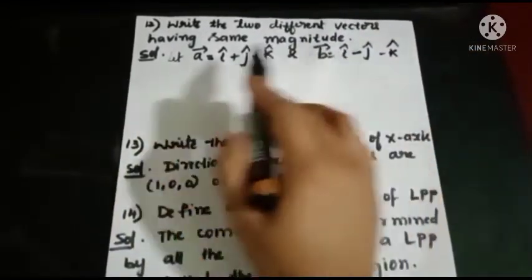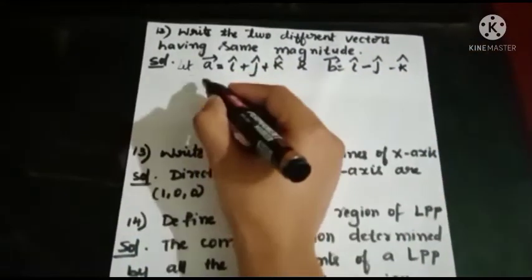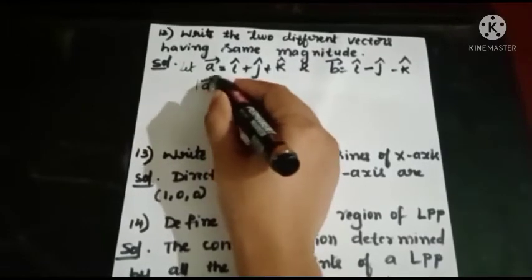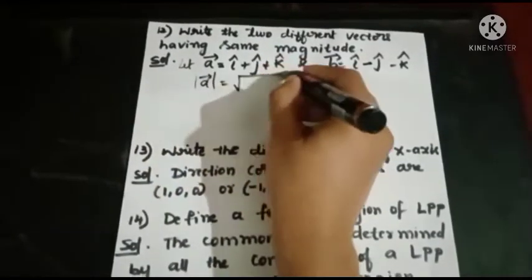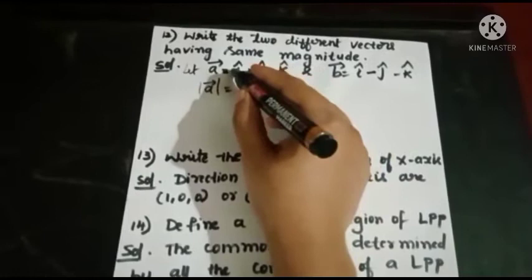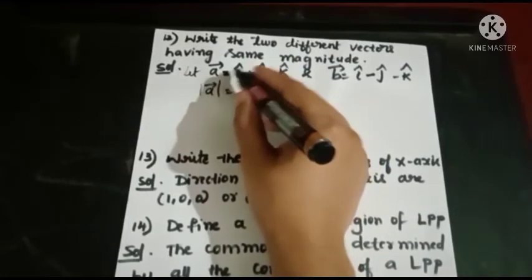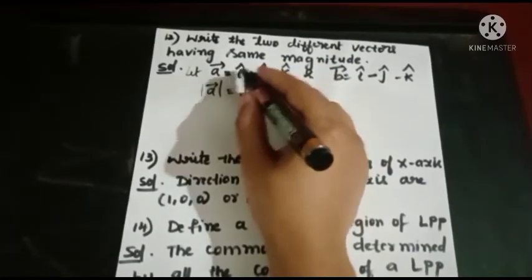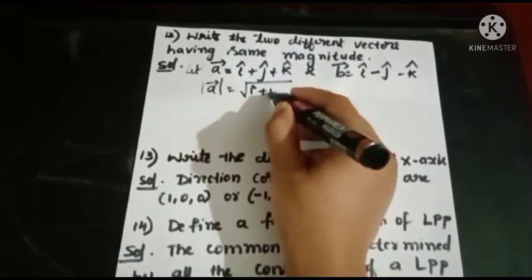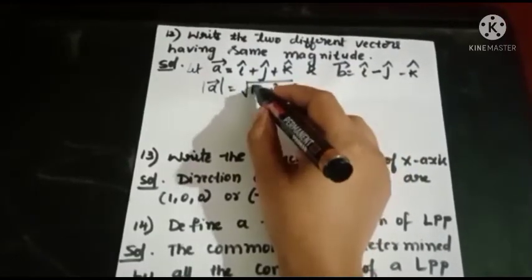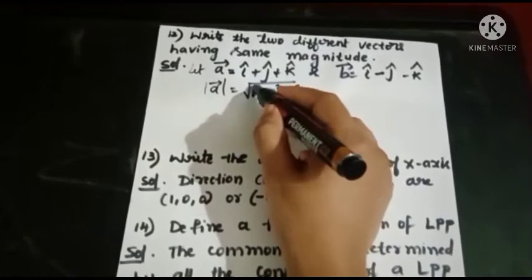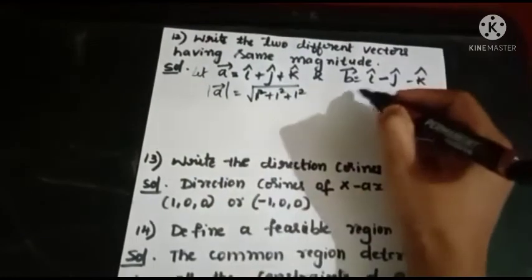So let these be the two vectors. Then find out the modulus value of the vectors. It is nothing but square root of the components of i cap, j cap, k cap, which is 1, 1, 1. 1 square plus 1 square plus 1 square.